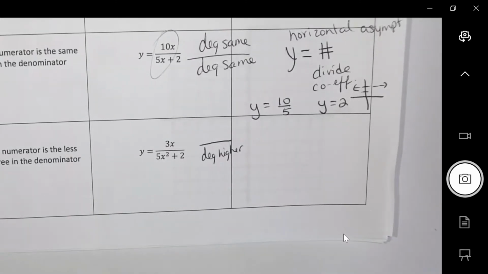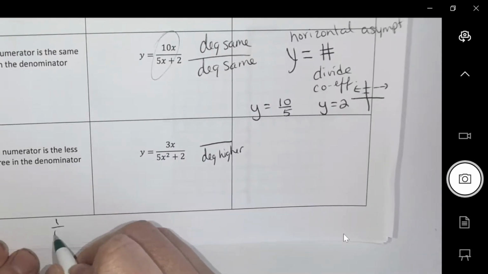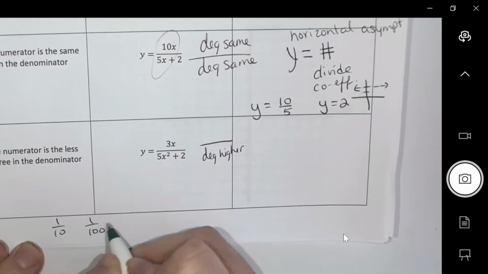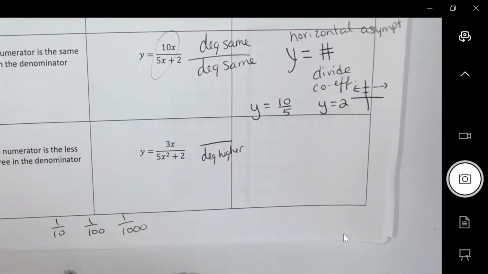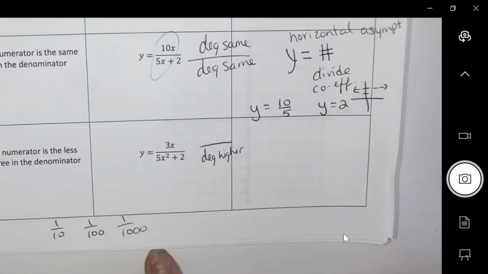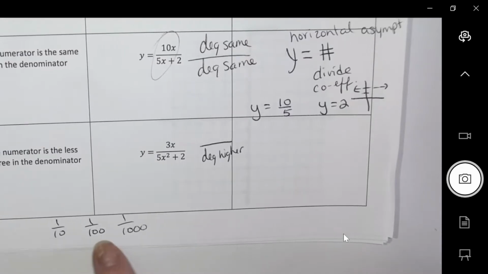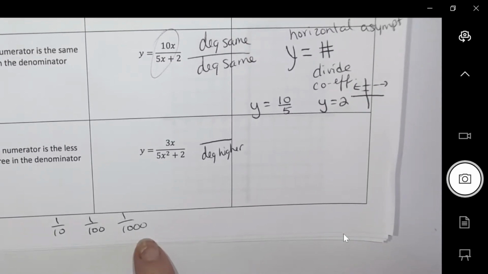Okay, I want you to think about if the bottom of a fraction gets bigger. So for example, 1 over 10, 1 over 100, 1 over 1,000. Let's just pretend my bottom is getting bigger and bigger. What is happening? You're getting smaller, smaller, smaller.